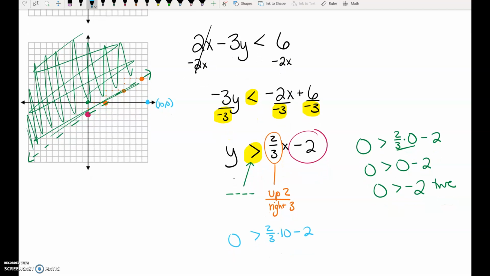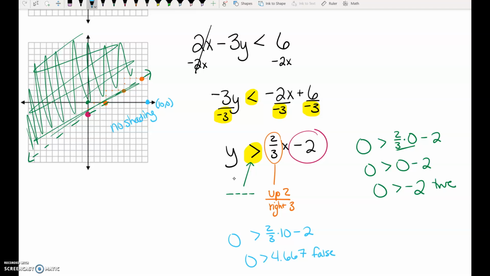My calculator gave me 4.6 repeated. 0 is not bigger than 4.6. This is a false statement, so we do not shade. So this is no shading on the side that has that point. So if you had plugged in 0, 0 and it didn't work, if it made a false statement, then you would shade the other side.